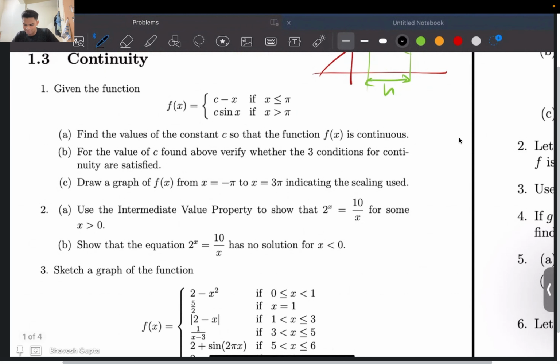The question doesn't want you to draw a graph unless it explicitly says so, because the tool we are using is an algebraic tool. But I would encourage, whatever the question is, try to make a graph of it at the end, because this will help you to see things.